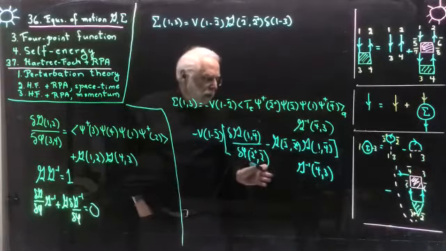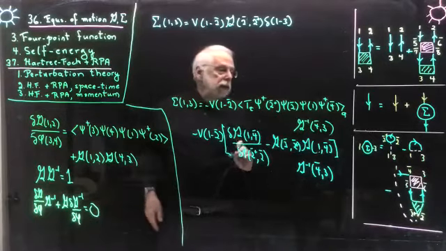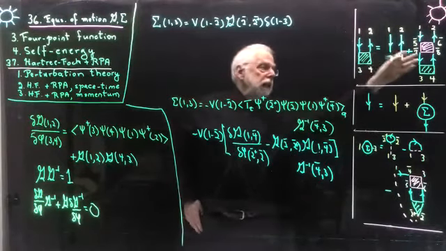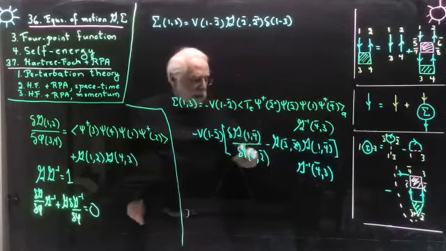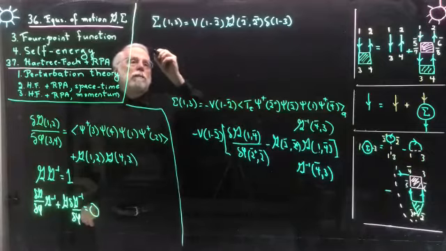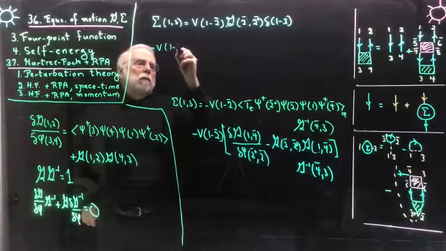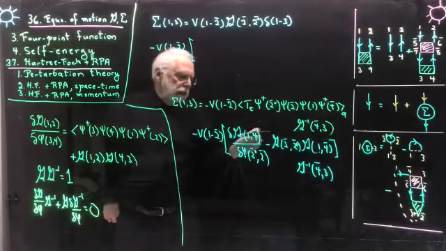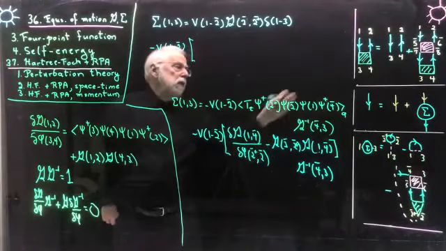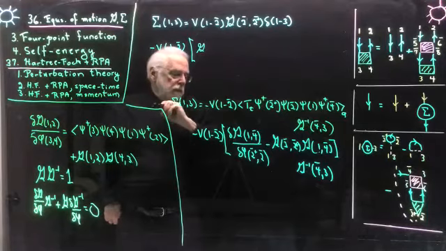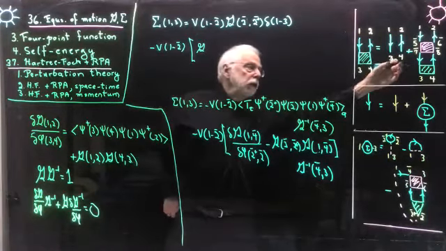Okay, now how do we get the rest? Well, we get the rest by using this expression here for delta G delta phi. So let's write this. So we have minus V1 minus 2 bar, and delta G of 1 4 bar 2 bar plus we can read from here. So this is the first term.